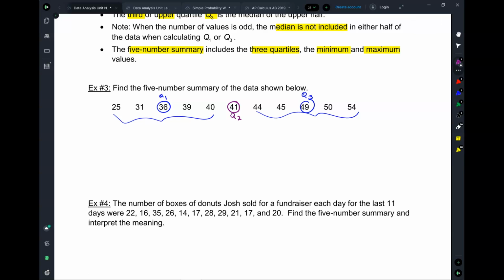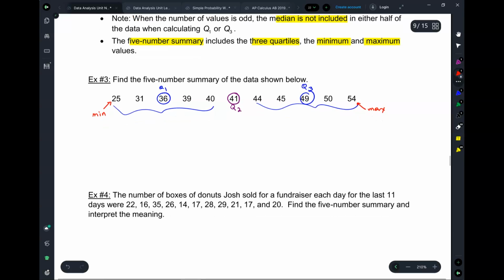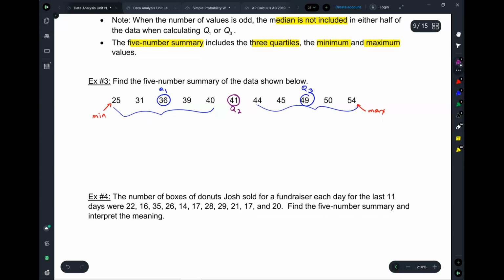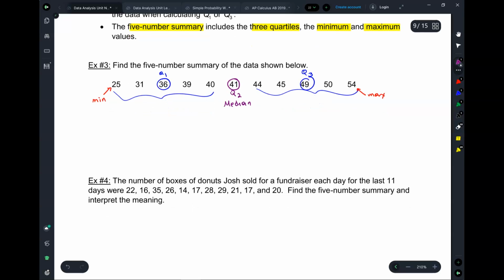So now I have Q1, Q2, Q3. This number is the min. This number is the max. And then where is the median here? Which one of these numbers is the median? Q2. Okay, so I say min is 25.